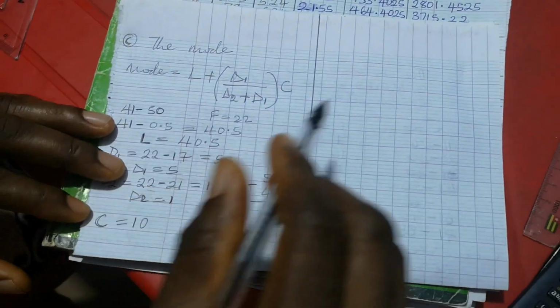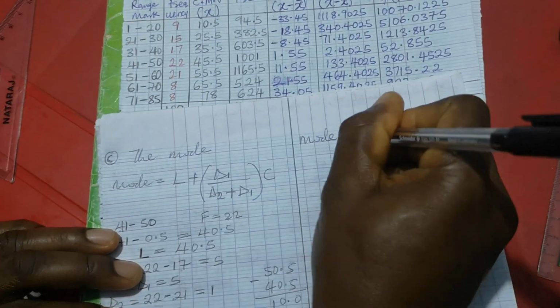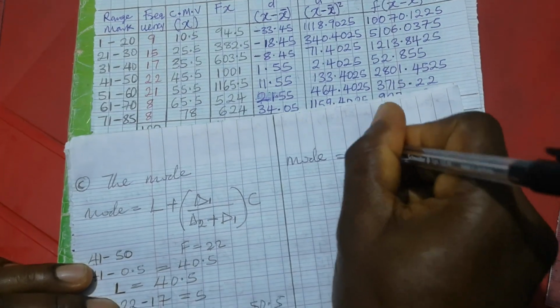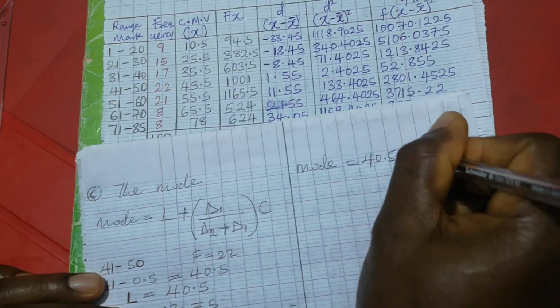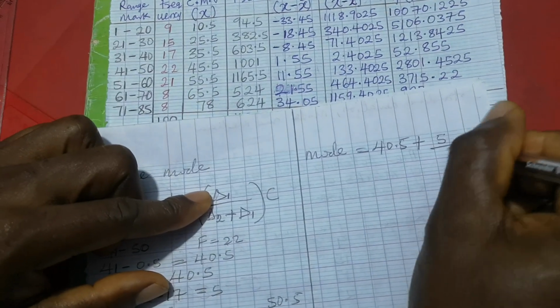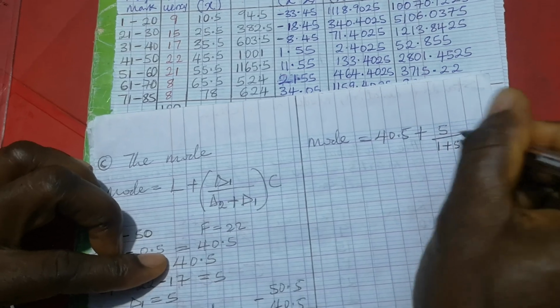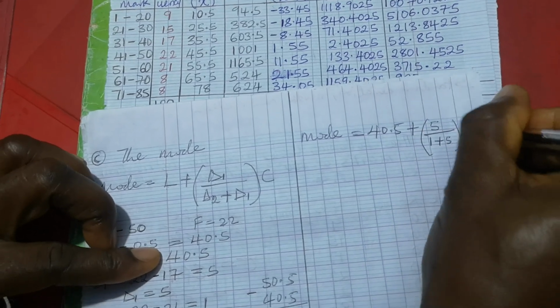Now let's fit it into the formula. So mode will now be 40.5 plus D1, which is 5, all over D2, which is 1, plus 5, then multiply by 10.